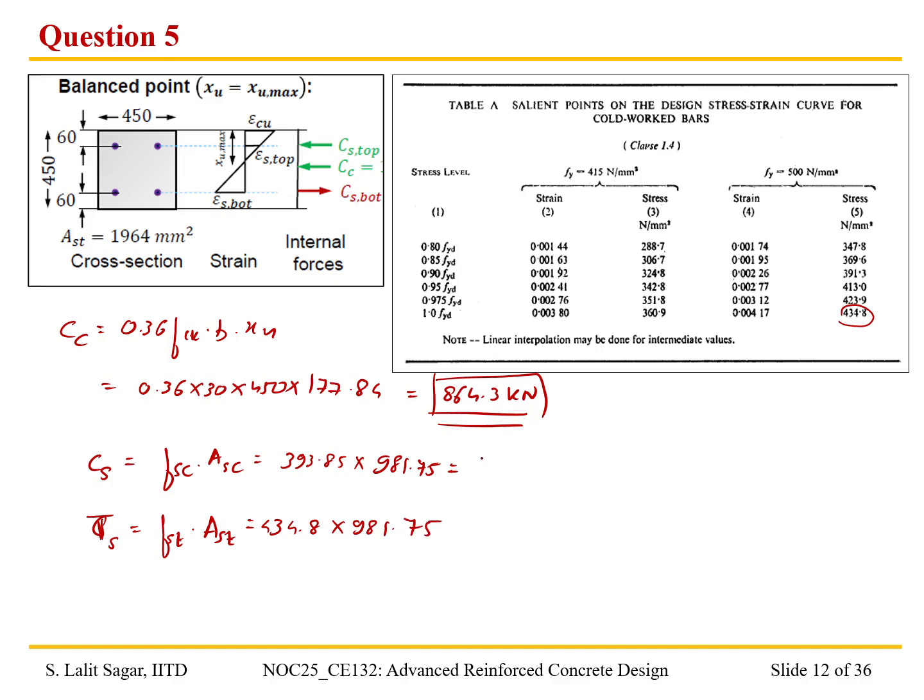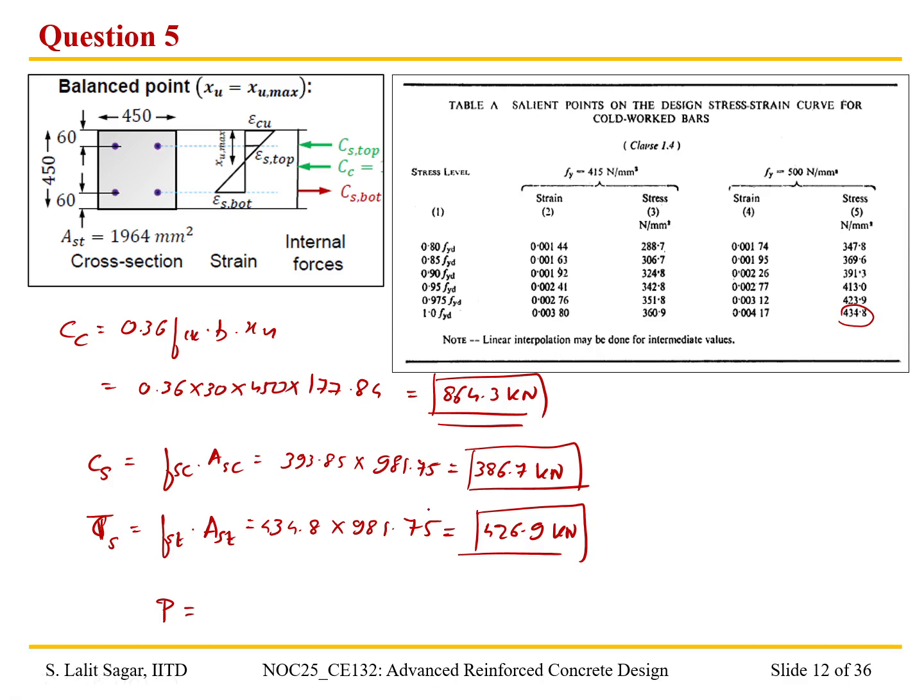So here we have CS as 386.7 kilonewton, and here we have TS is equal to 426.9 kilonewton, right? Okay, that's great. So now let us find out the actual capacity corresponding to this point.